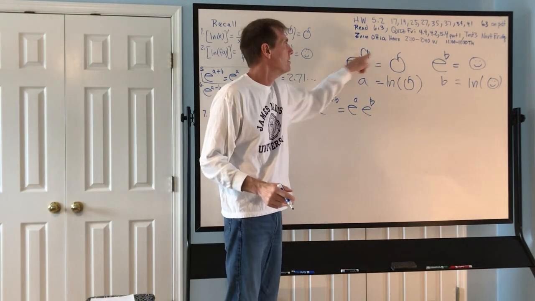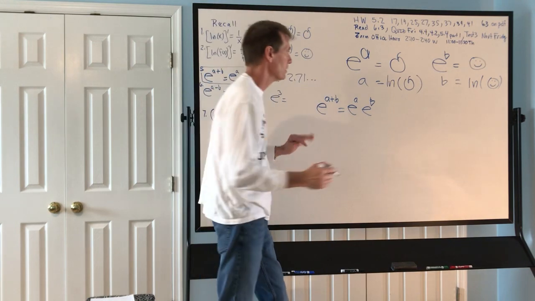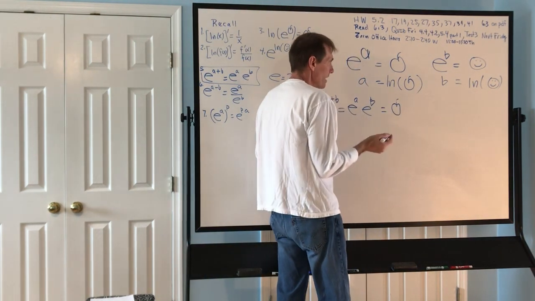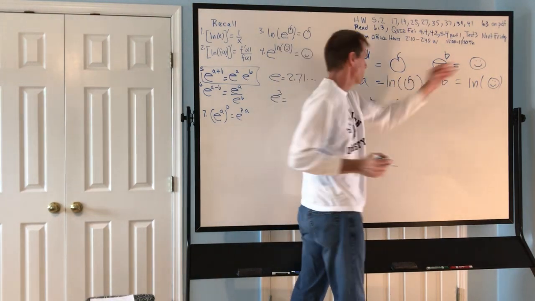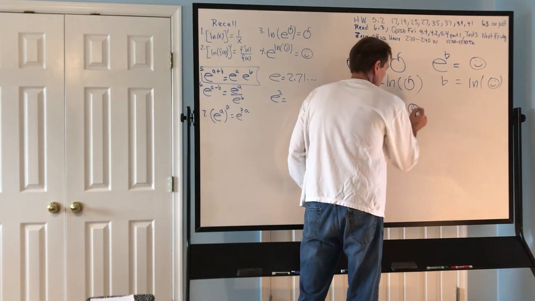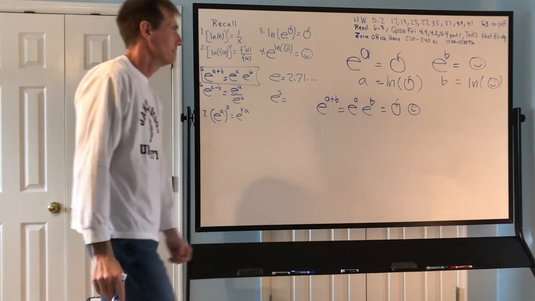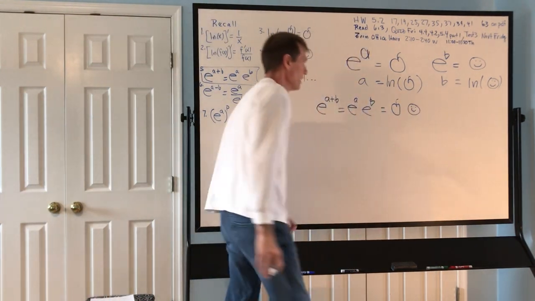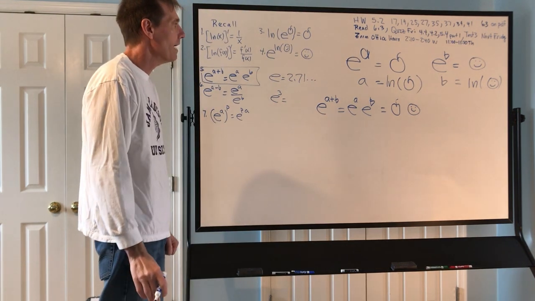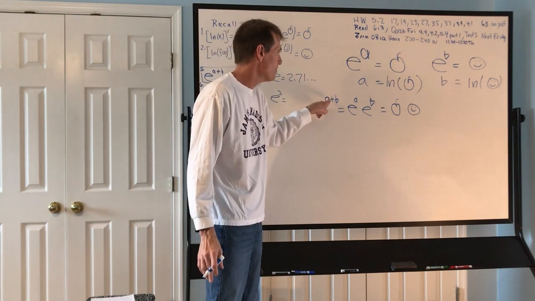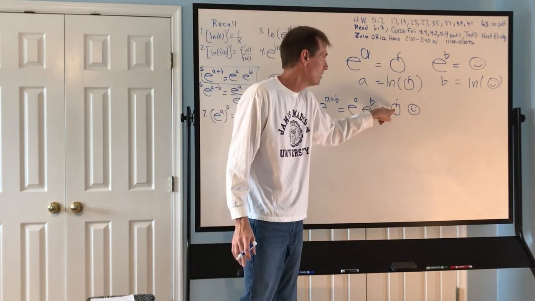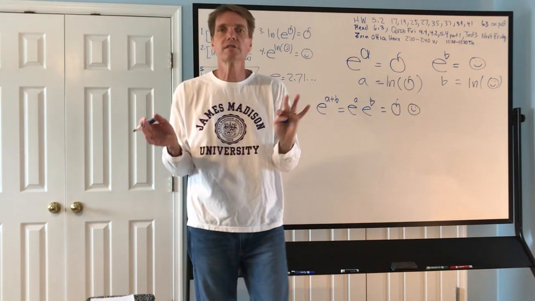But up here, e to the a we just called apple, so let's put that there. And e to the b we called smiley face, so let's put that there. So now we've got that. e sends a plus b to this number, apple times smiley face.